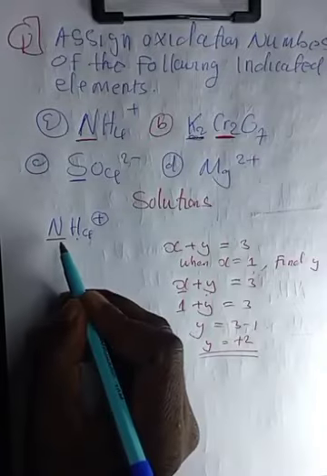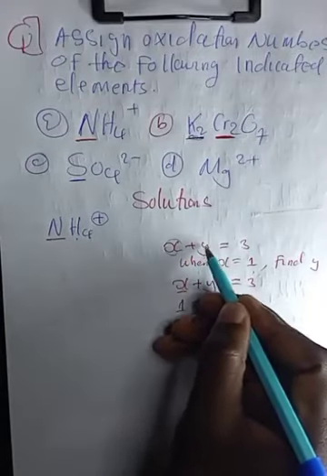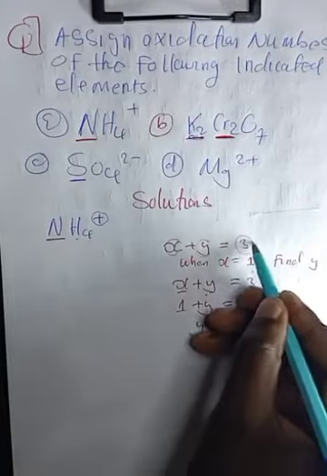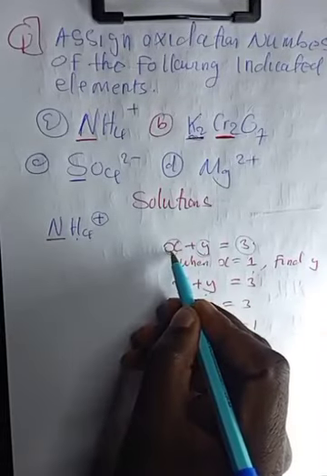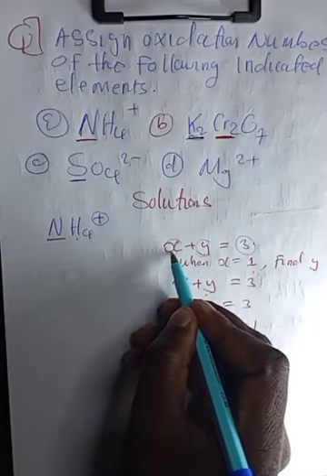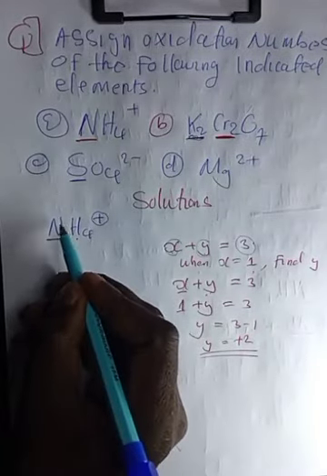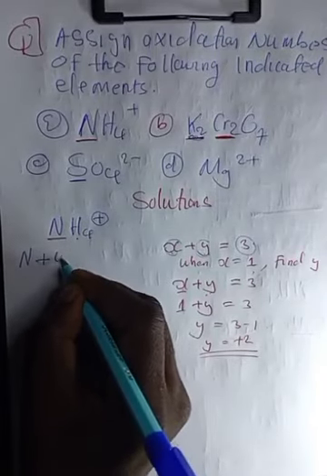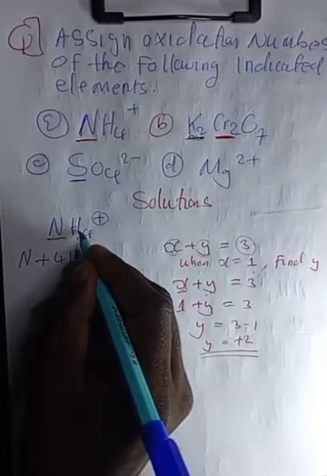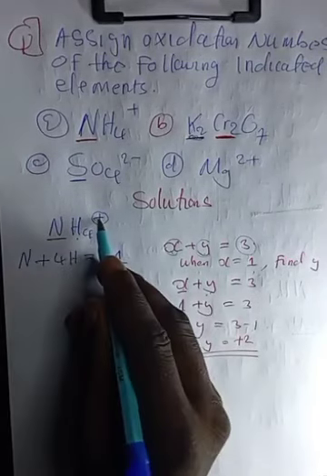Just as x plus y gives 3 and knowing x is 1 we replace x to find y, here nitrogen plus 4 hydrogen gives positive 1, which is on top there.